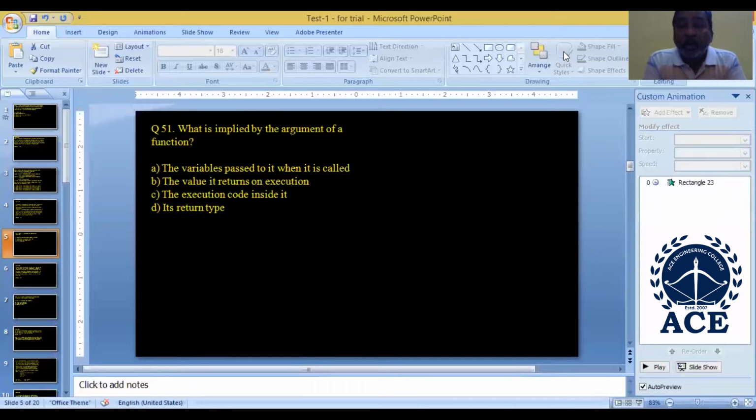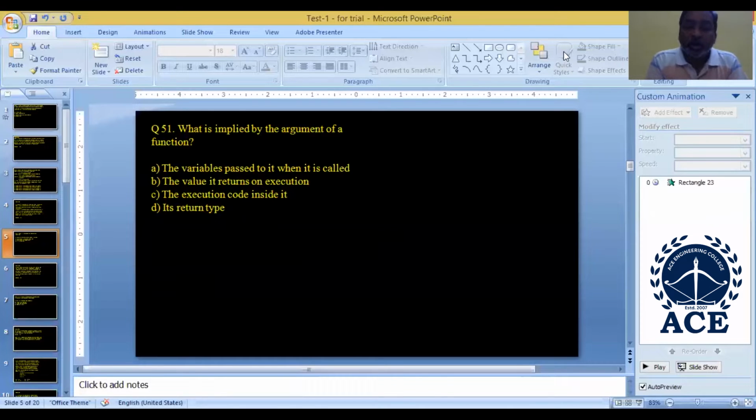Now, when a function is called in another function, the calling function invokes this function which is defined. At that point of time, again, parameters are given with their value or address as we said. And this set of variables now are called arguments. So arguments are the variables passed to the function when it is called.